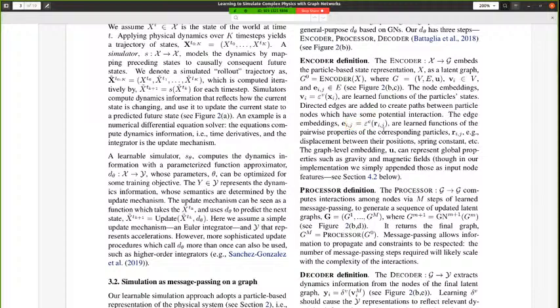Epsilon E is for the edges and epsilon V is for the vertices. These are neural networks. The one for the vertices takes the position and velocity of a given particle, and then it computes its embedding into the graph. And the same for the edges.